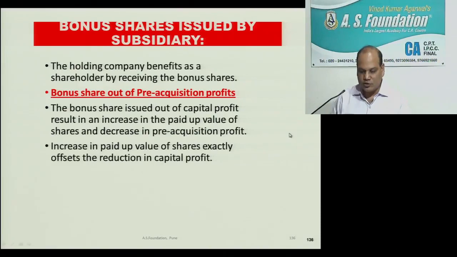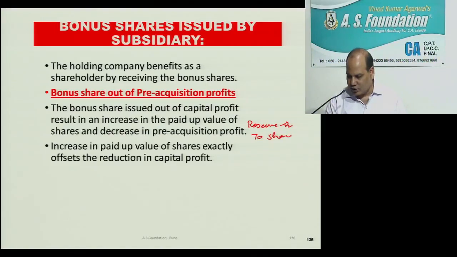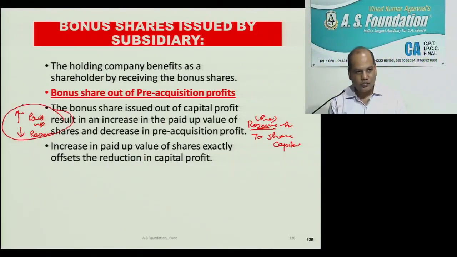Somewhere in the chapter on bonus share you have learned the accounting entry for bonus share. If not, I will revise. Reserve account debit to share capital. Do you remember such a thing existed in your syllabus? And this reserve is pre-acquisition reserve. So paid up capital will increase and reserve will decrease, but the total will remain the same.